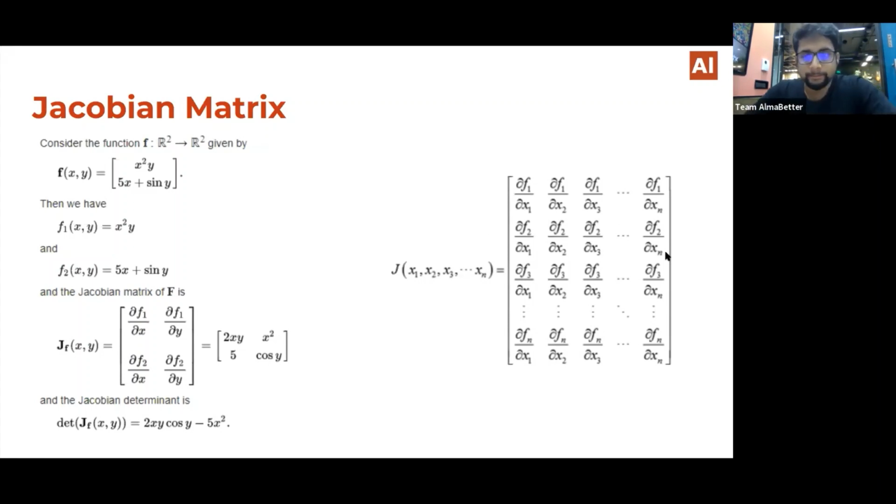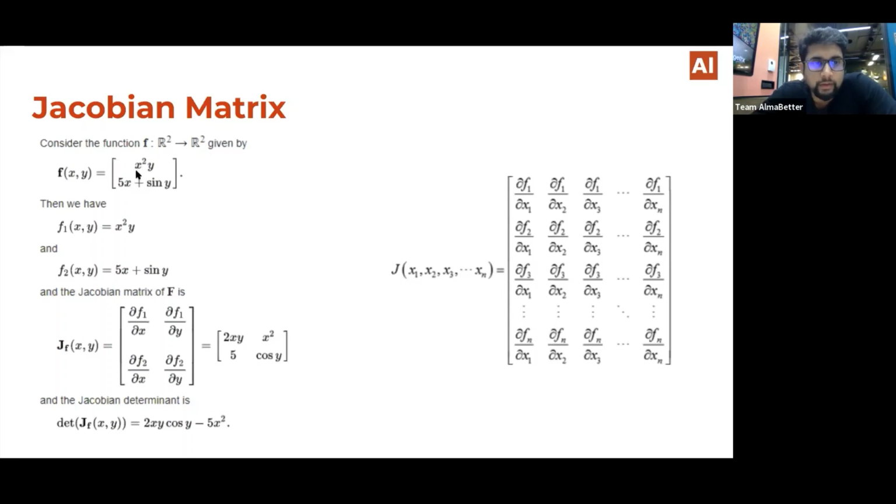So let's say you have a function which is a two-dimensional vector. This is a column vector, and each of these elements contains functions of x and y.